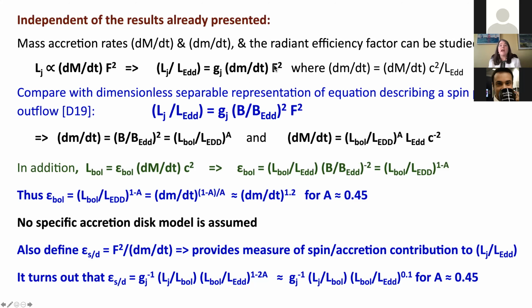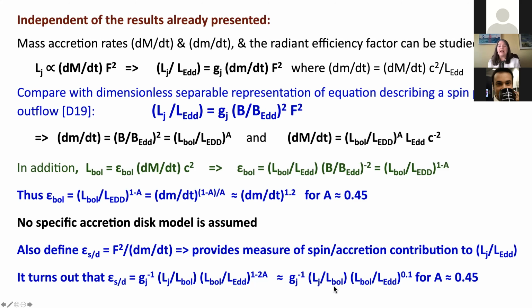So this ratio, F squared over m dot, is a measure of the relative importance of these two terms in determining the dimensionless beam power. And it turns out that this goes approximately as LJ over L Bol.